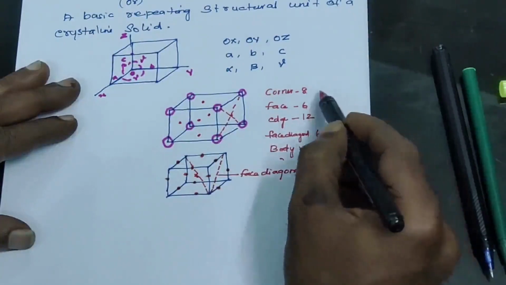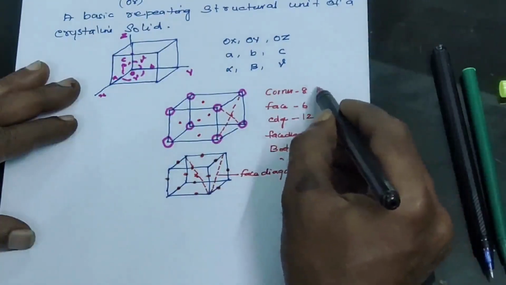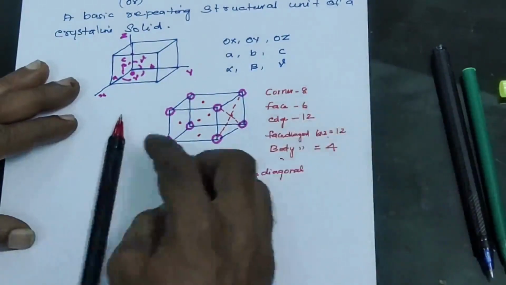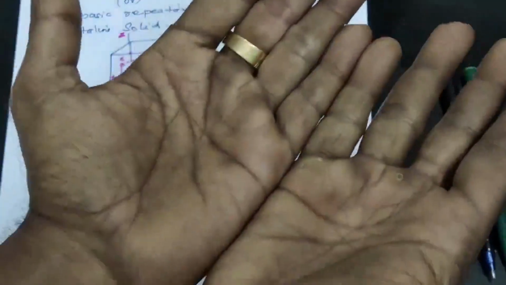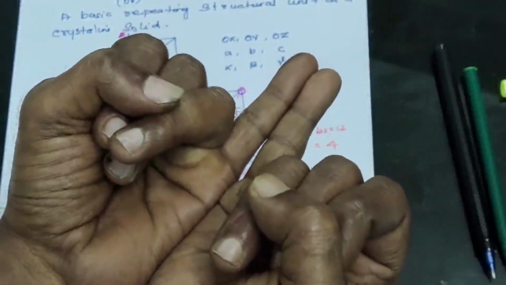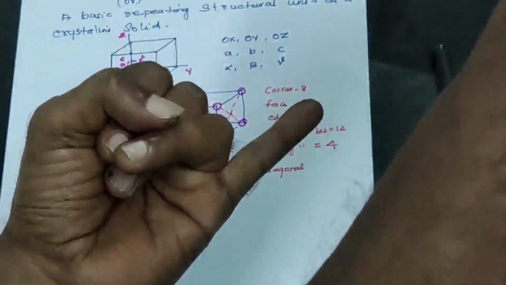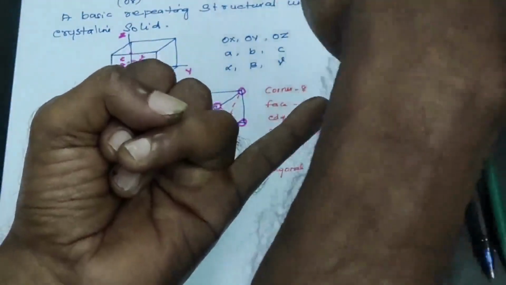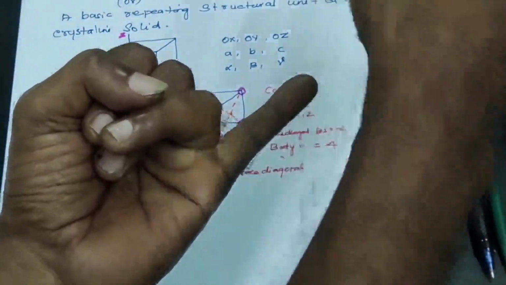Then a corner is shared by how many other unit cells? See my hand. Join these 2 fingers, then 2 fingers in the opposite, parallel direction: so here 2, here 2, total 4.